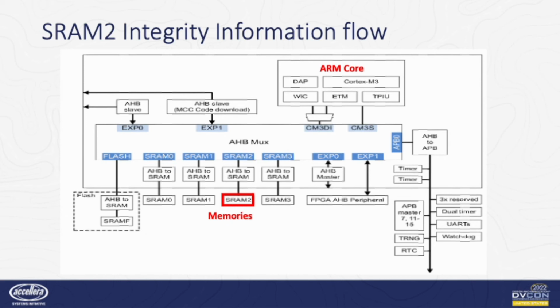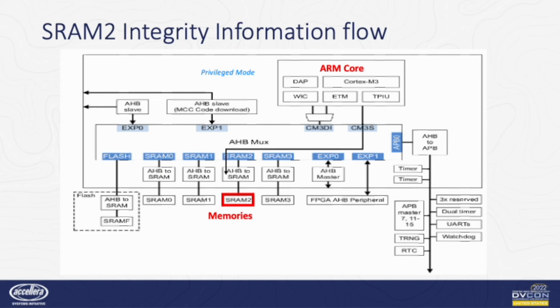Now that we have seen how to diagnose a security leakage in the TRNG asset, and that was a hardware bug, let us look at another secure asset in this ARM design. The SRAM2 has secure memory regions, and let's examine the integrity information flow between the ARM core and the SRAM2 secure regions.